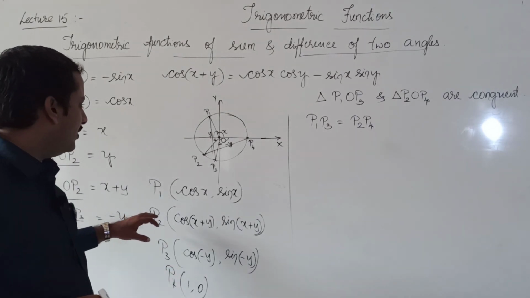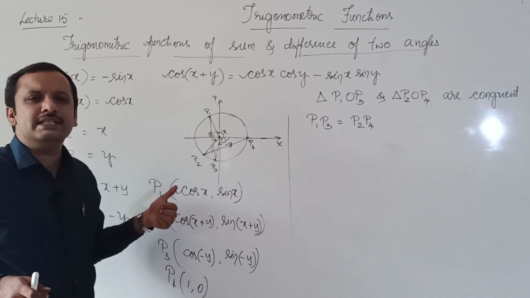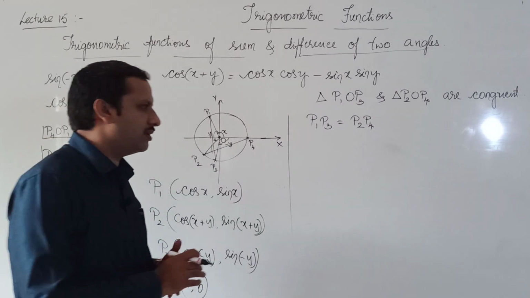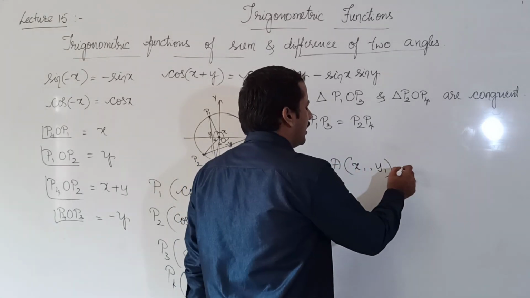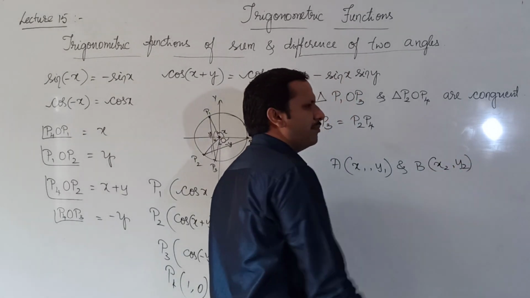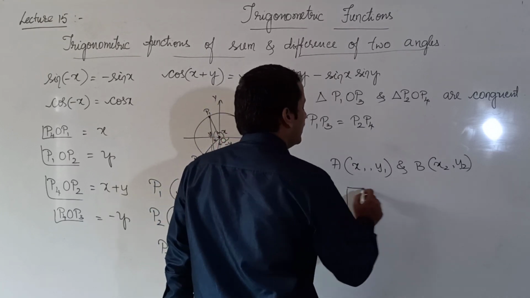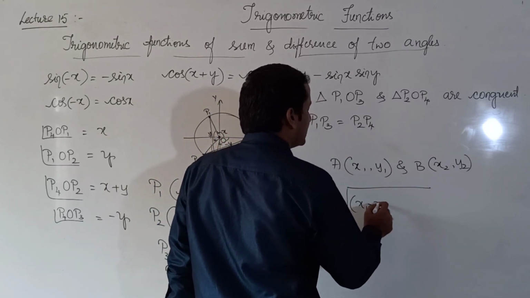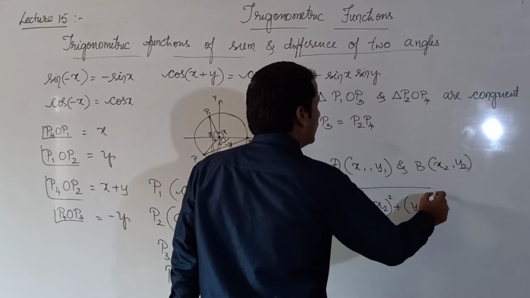Well, now we have studied the distance formula. Let us say if A(x1, y1) and B(x2, y2) are any two points on a plane, then the distance between them, AB, is given by the square root of (x1 minus x2) whole square plus (y1 minus y2) whole square.